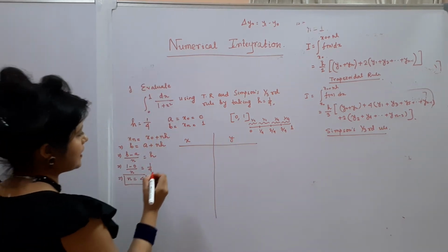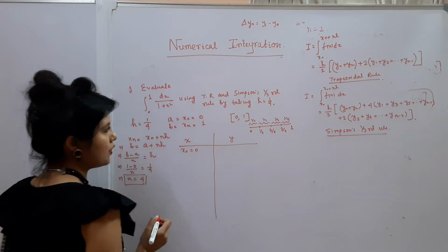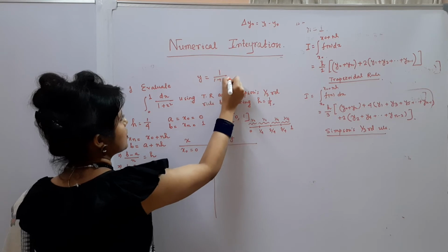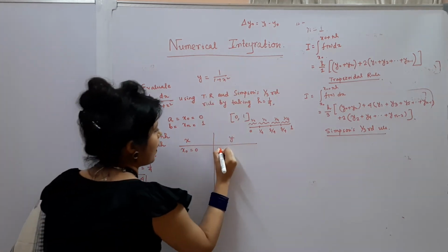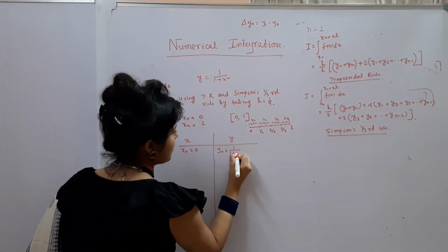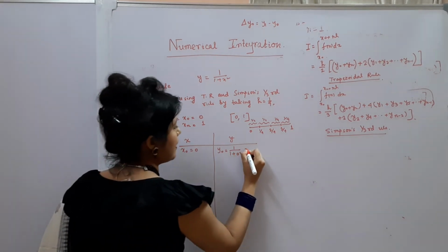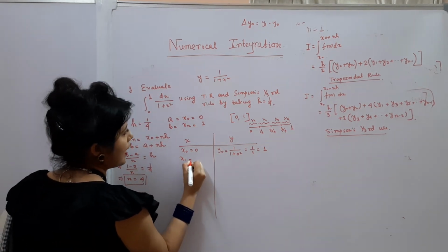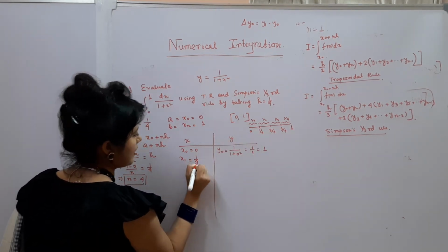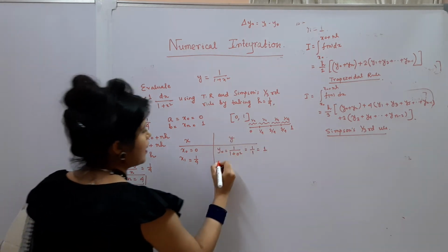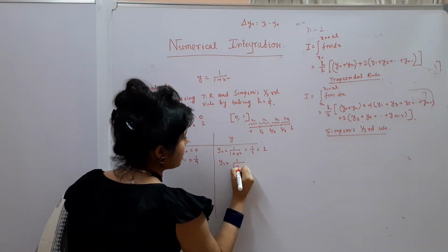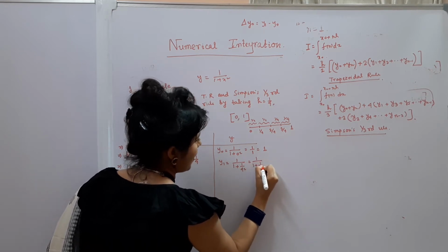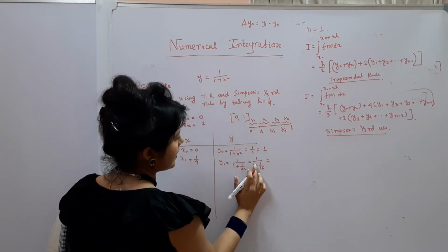Okay. So first, x0 is 0. What is y? y equals 1 by 1 plus x square, right? So y0 would be 1 by 1 plus 0 square, and that is 1 by 1. So this is 1. Now if x1 equals 1 by 4, then y1 will be 1 by 1 plus 1 by 4 square, so that is 1 plus 1 by 16, that is 17 by 16.